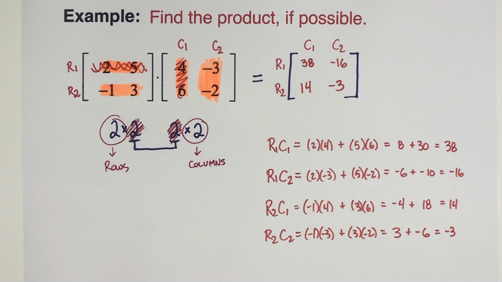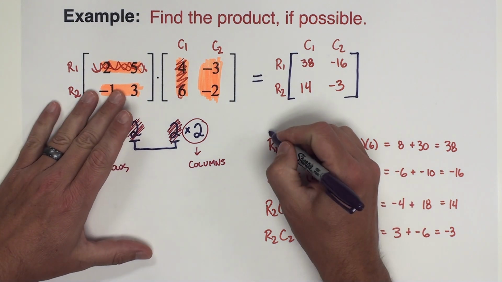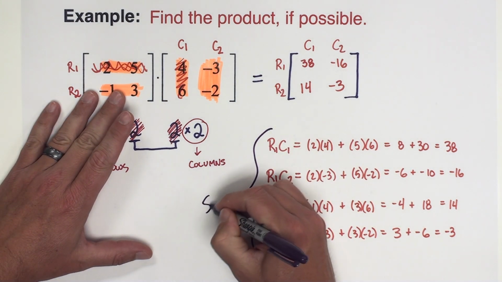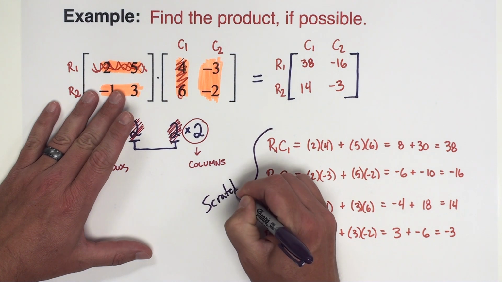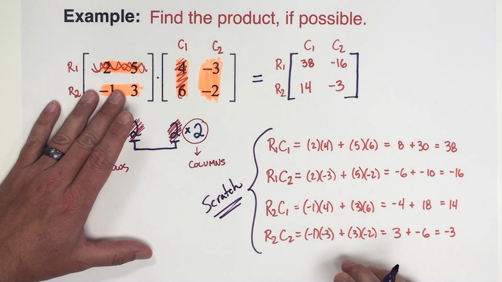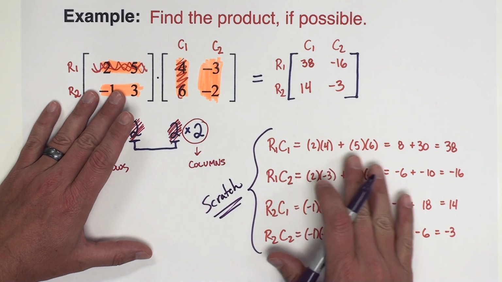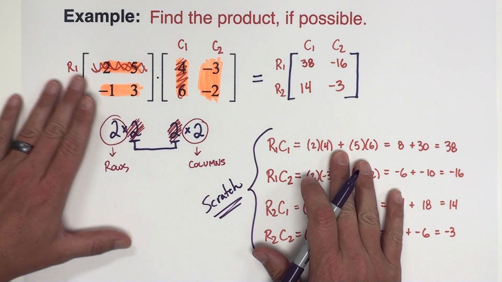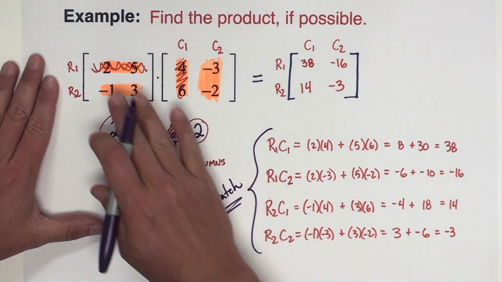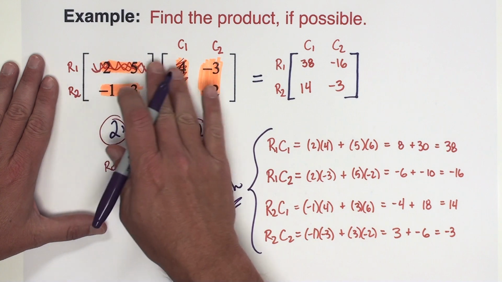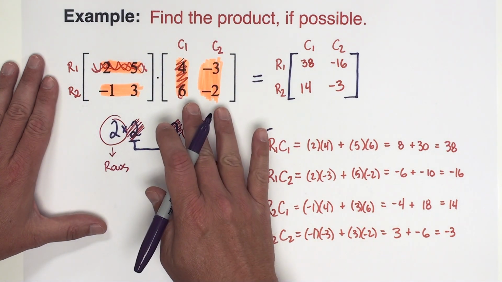So you can see this is a little bit of work. This is pretty beefy in the amount of work that we have to do. All of this down here is scratch work. It's not difficult scratch work because all it is multiplying and adding, but it's a lot of it, and you have to know what the pattern is as far as going across the rows and down the columns.